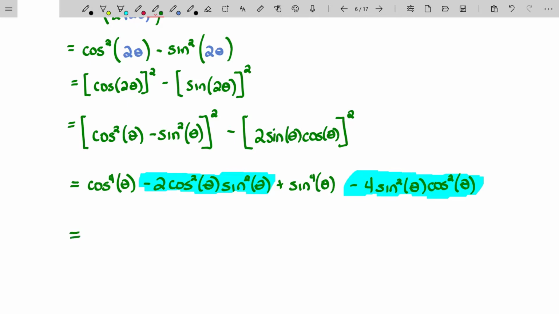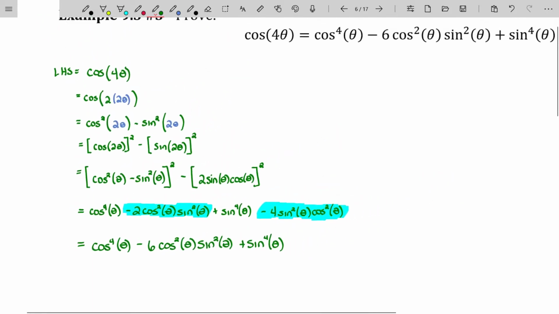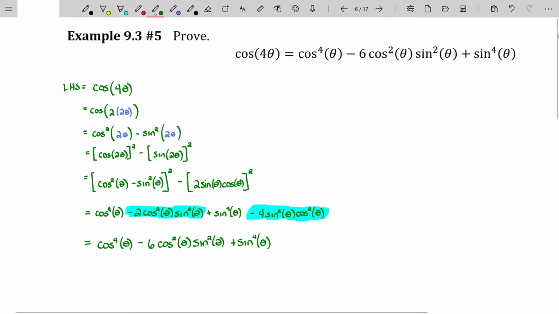So this will equal cosine to the fourth power of theta minus 6 cosine squared of theta sine squared of theta plus sine to the fourth of theta. Now let's see if they look the same, and they do. They look identical. So this is equal to the right-hand side, and we are done.